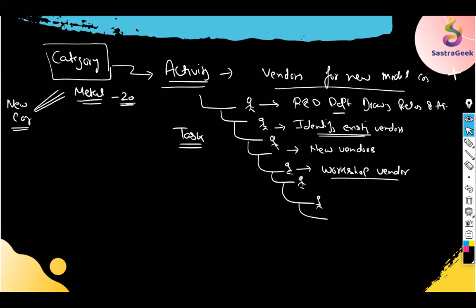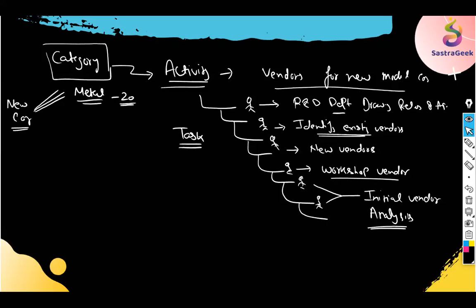Then, whichever vendors show interest, these two guys would work on the task of initial vendor analysis. Whichever vendor is showing interest, whether those vendors are well equipped to supply our requirements.